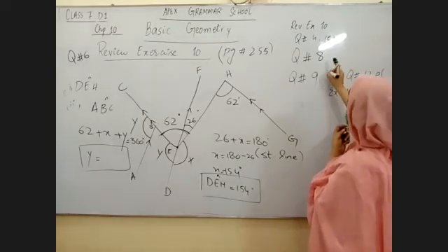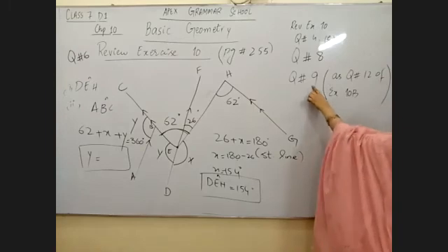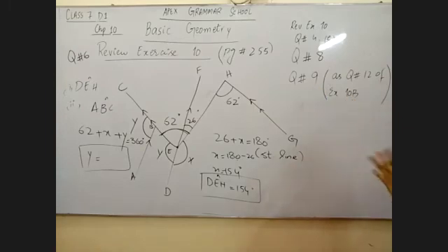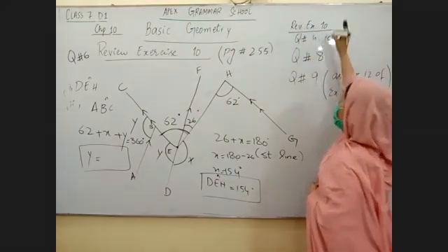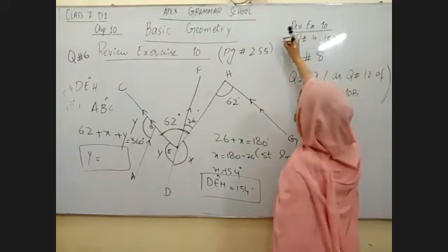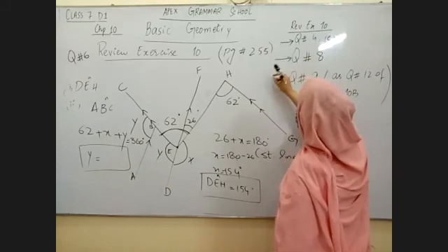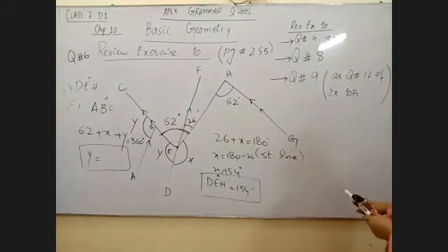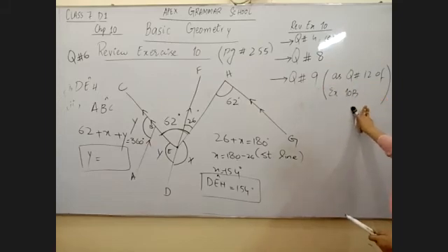I know it's difficult, but it is the same as question number 12 of exercise 10B. So this is your homework for today's class: Review exercise 10, question number 4, question number 8 and question number 9. The hint for question number 9 is that it is the same as question number 12 of exercise 10B.